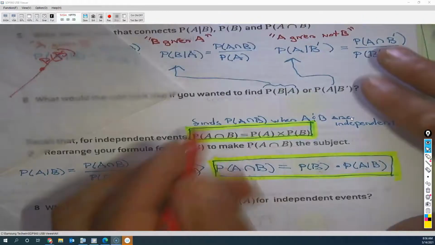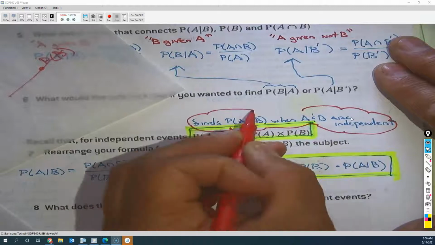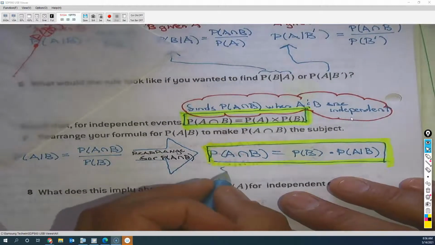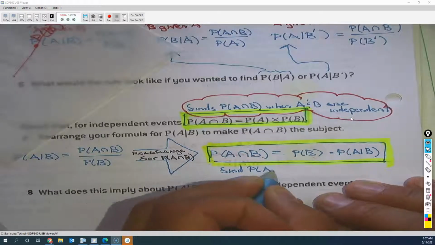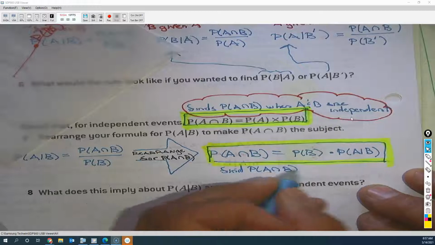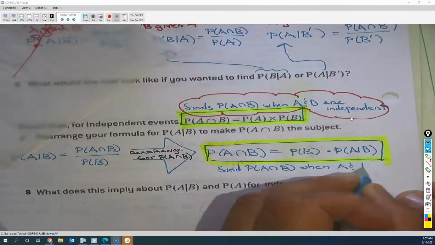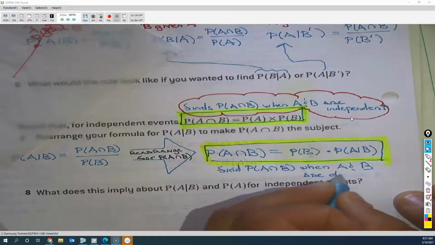Okay, this one finds the probability of A intersect B when A and B are dependent.